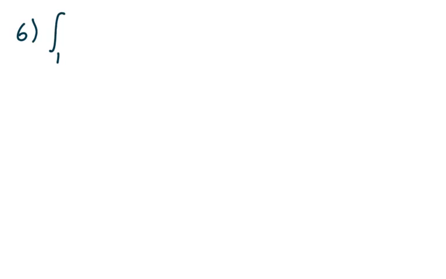Suppose I had the integral from 1 to 3 of x squared plus 2x minus 4 dx. Now, for my taste, it's much easier to take this piece by piece.